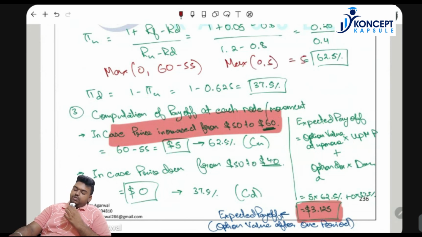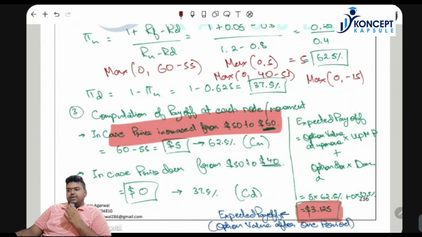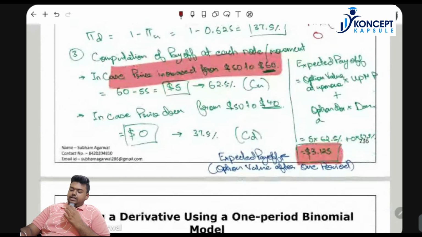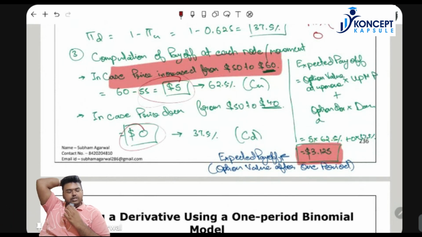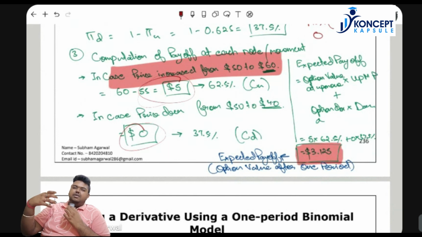Now when there is a down move, maximum of 0, comma, what is S1 when the price has moved to 40? It will be 40. What will be S0? 55. So it will be maximum of 0, comma minus 15. What is a bigger number? 0 is a bigger number than minus 15, so it will be 0. So over here we have computed 5 and 0 using logic, but in the book you will see denotations like this for identifying the payoff for a call option.